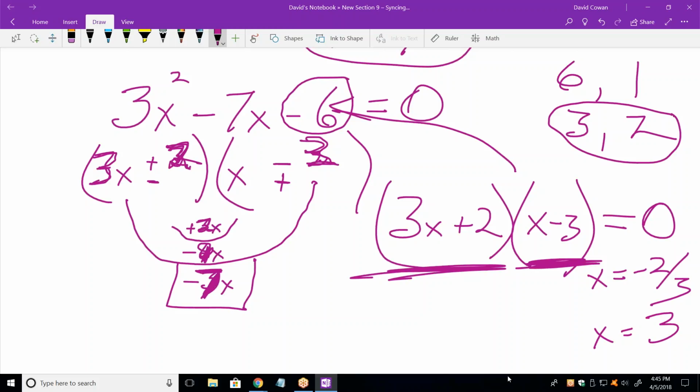What if I had an x out here in front? What's the third solution? The third solution would be 0. Correct. In other words, it doesn't matter how many things you have multiplied together. If all of them multiply to 0, then each one of them is equal to 0. And then solve for x.